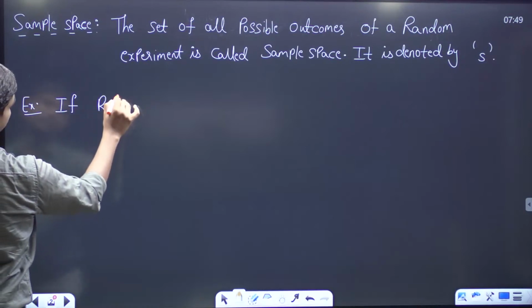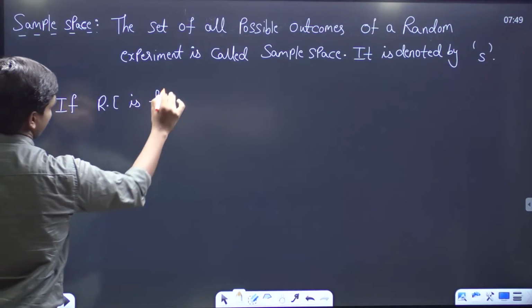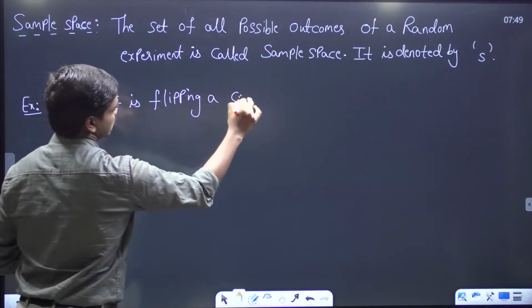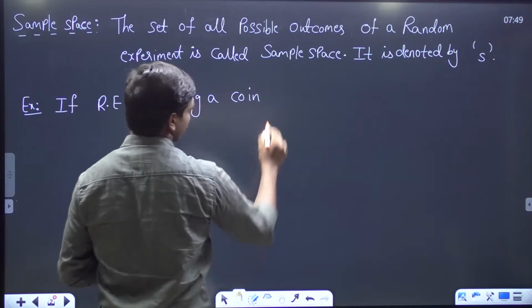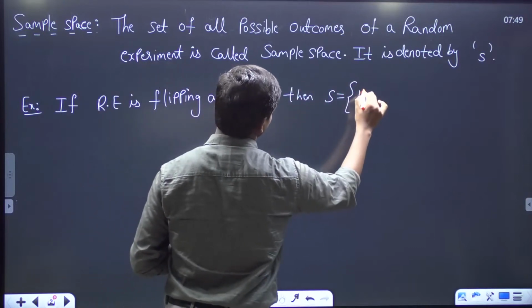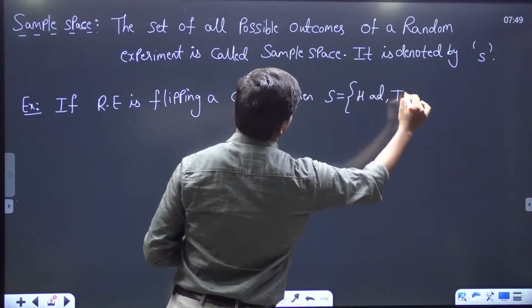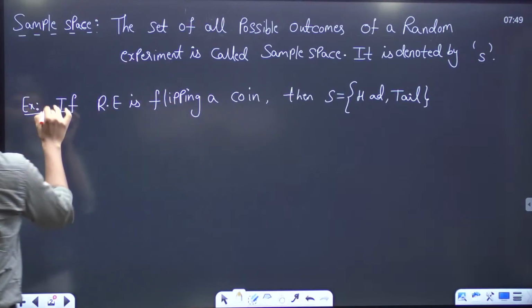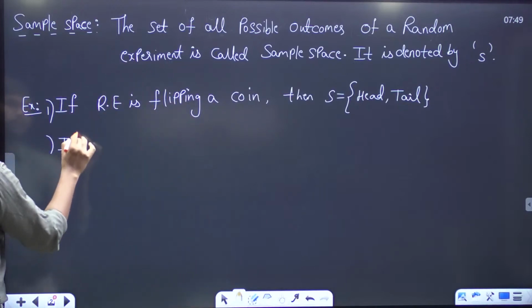So now if it is denoted by S, for example, if the random experiment is flipping a coin, I'm just quickly writing the things that we discussed yesterday. So if the random experiment is flipping the coin, then S is equal to the set of head, tail. And we wrote one more thing.